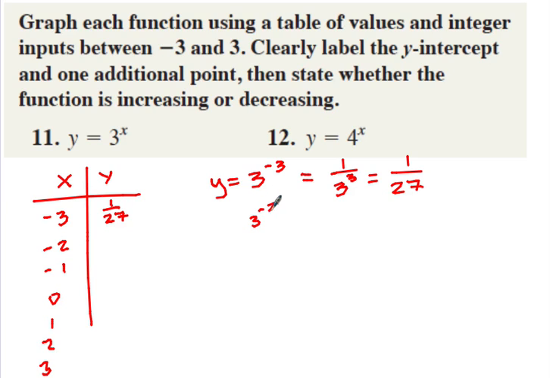This would be the same as 1 over 3 squared, which would be 1 over 9. Also a small number, but getting bigger. Then 1 over 3. Anything to the 0 power is 1. Then 3, 9, 27.